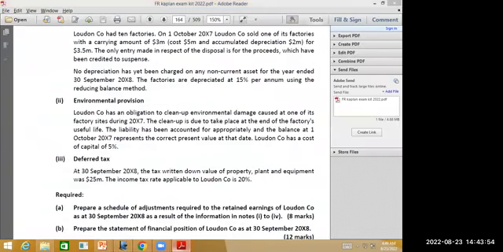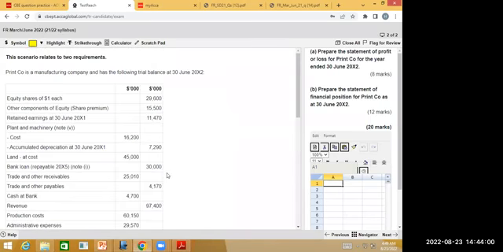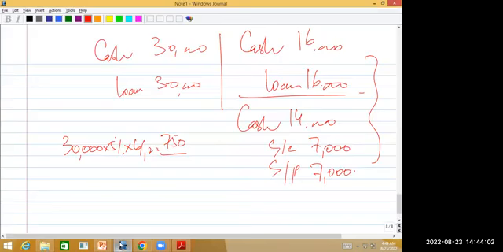When we borrowed this loan on 1st January, and the year end is 30th June. Okay. So what accounting entry have they made? Finance cost debit, interest payable credit by 750.